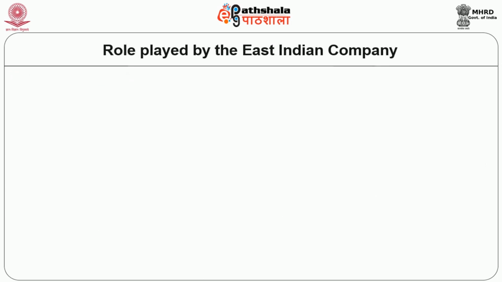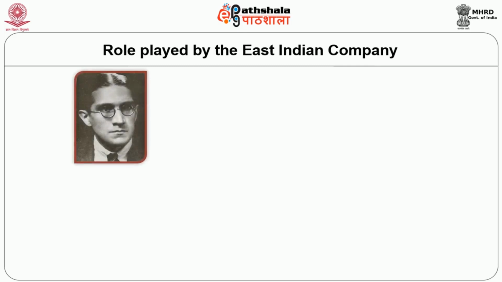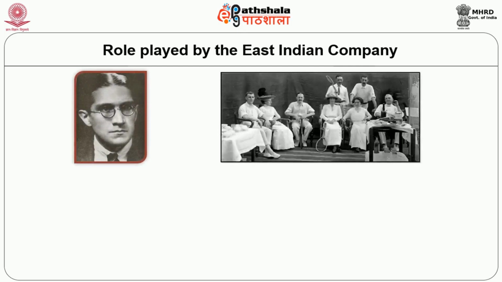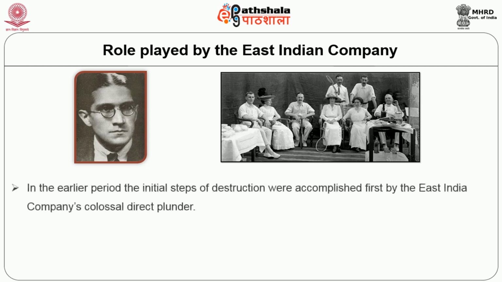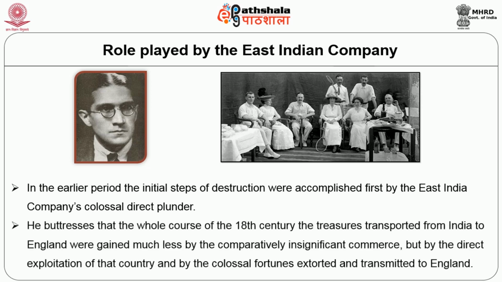The stages of destruction of Hindustan by Britain and the role played by the East India Company. According to Dutt, British colonial administration gradually steps up and destroys Hindustan. In the earlier period of the initial steps of destruction, these were accomplished first by the East India Company's colossal direct plunder.